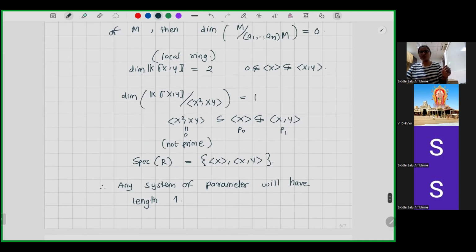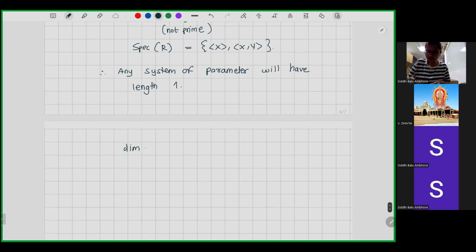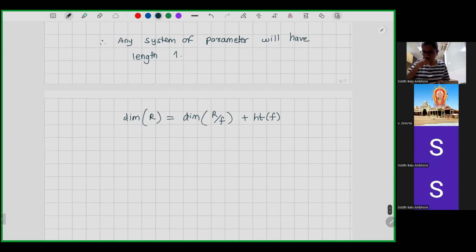So if I check the dimension, the dimension of this ring is 1. If I want the dimension of R plus the dimension of R mod F plus the height of F and so on: here the dimension of R is already 1, and if I want the dimension of R mod F to be 0, then the height is 1, so it will contain only one element of this sort.